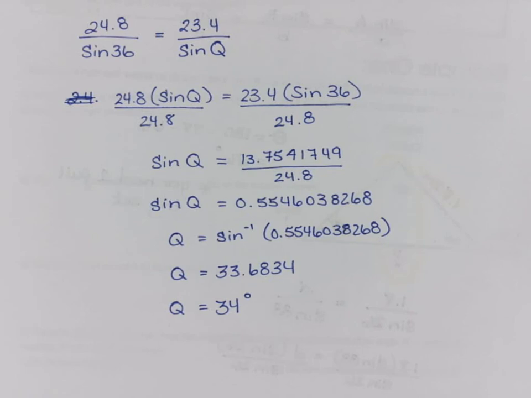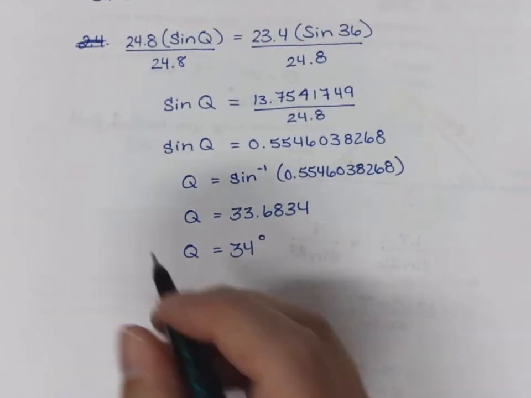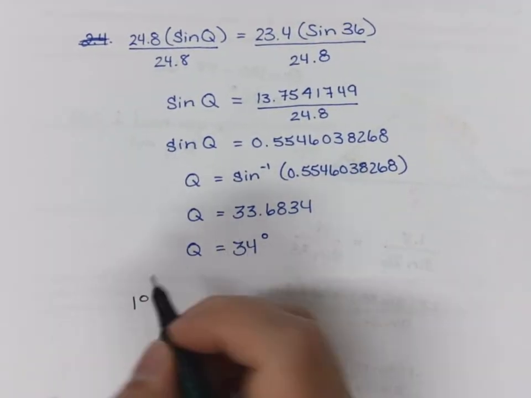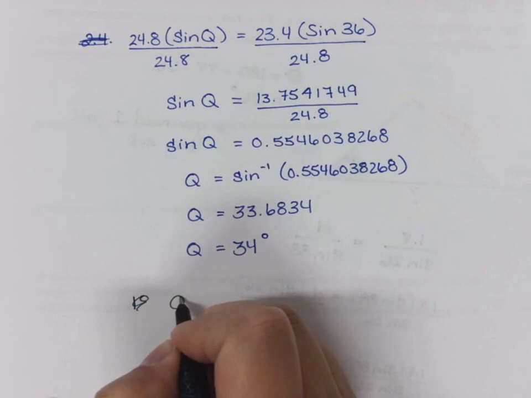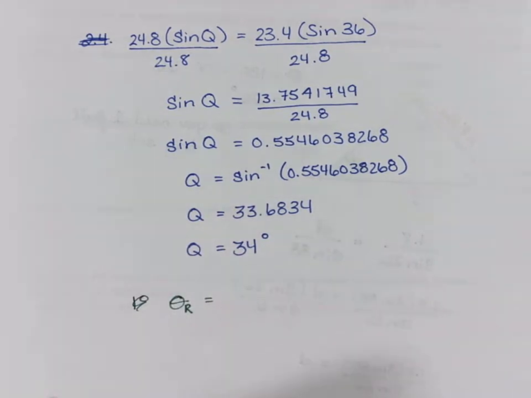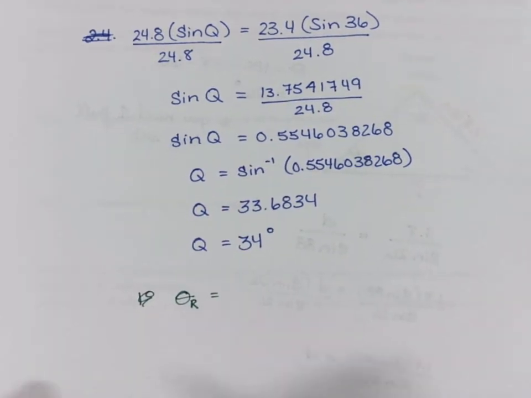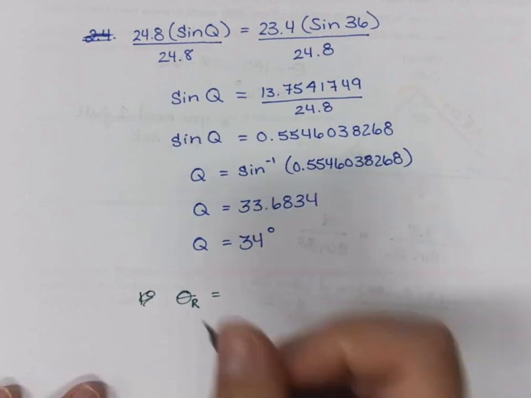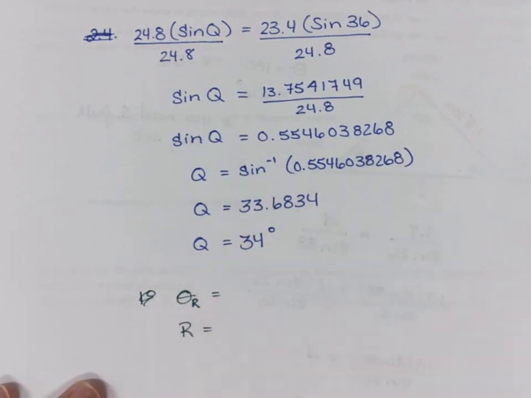Okay, we didn't answer the question yet. It asked for angle R. So let's try this again. How do you like that notation? Theta R. Or you could just say R, whatever floats your boat.